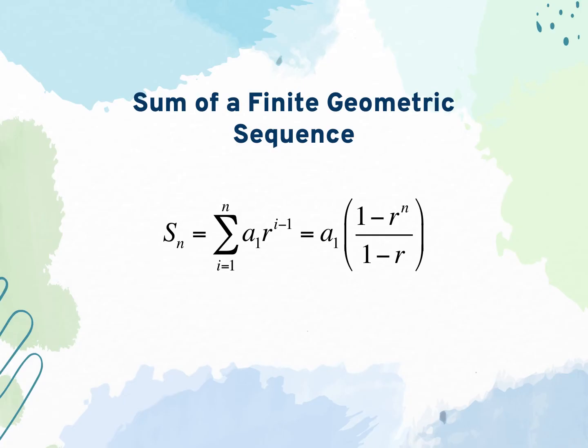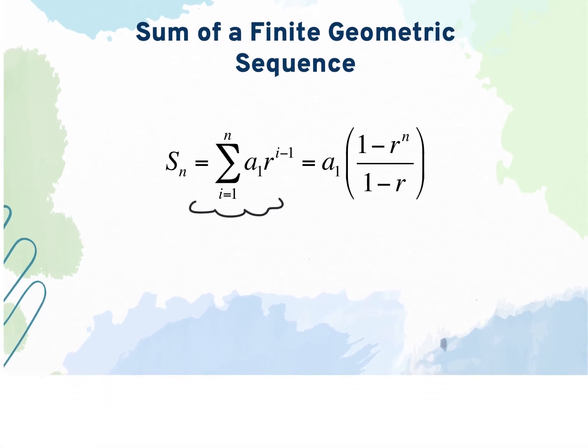And that formula, and this is for a finite geometric sequence, one that ends, is S sub n, and this is the sigma notation, is equal to a sub 1 times 1 minus r to the n divided by 1 minus r.